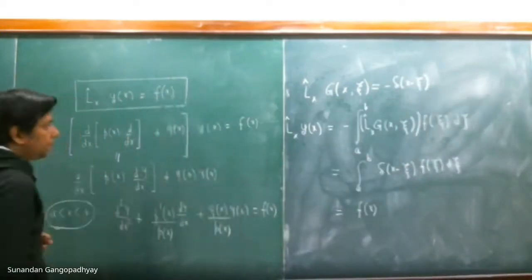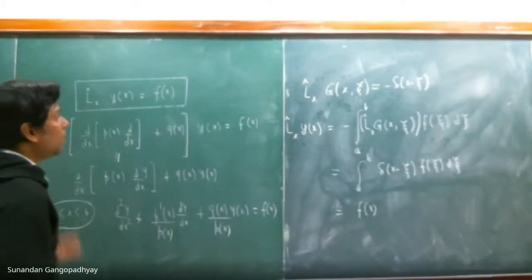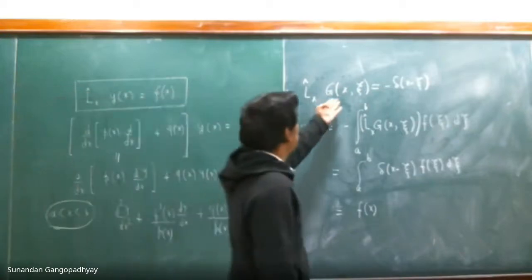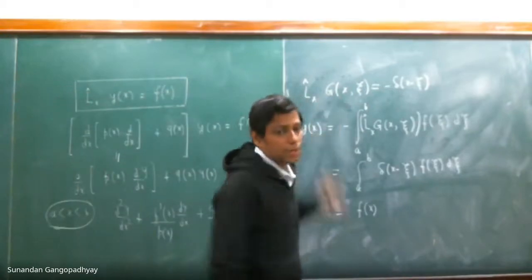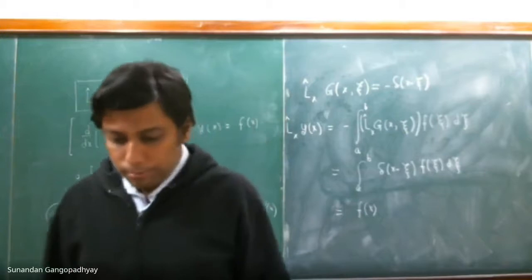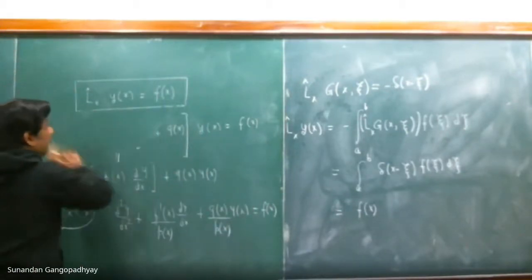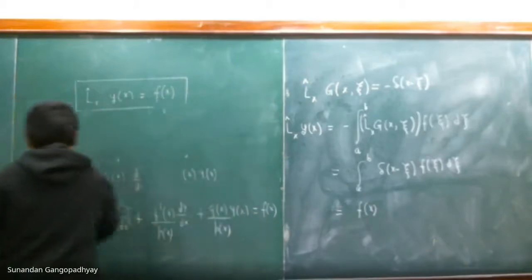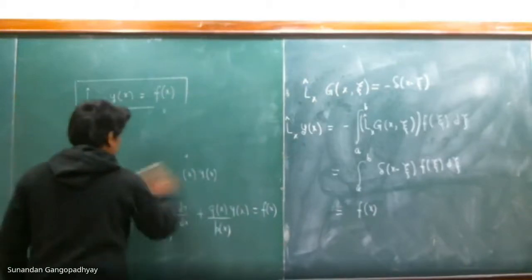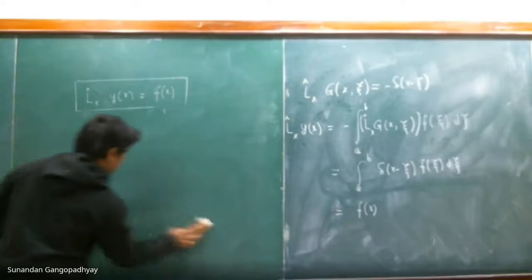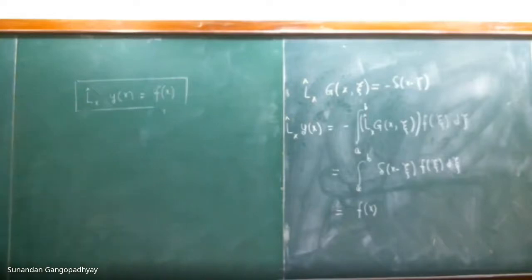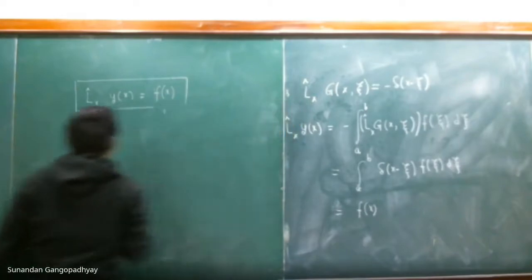So now our task is to find out the form of this function g. So let us write down this differential equation where L at x is a Sturm-Liouville operator.